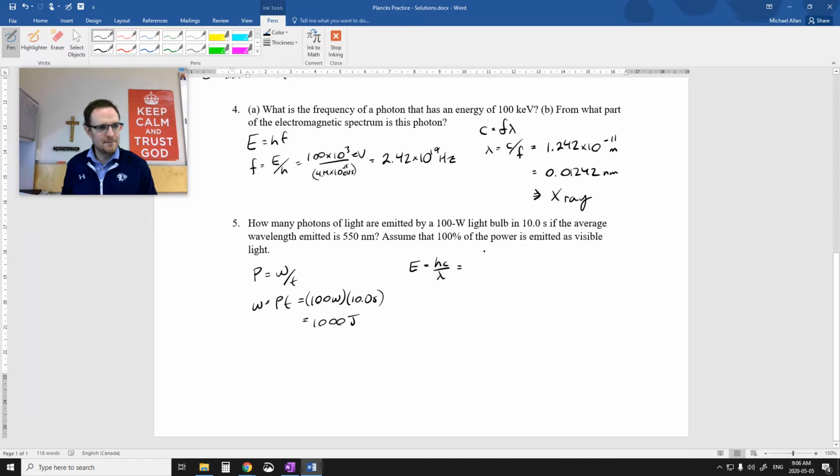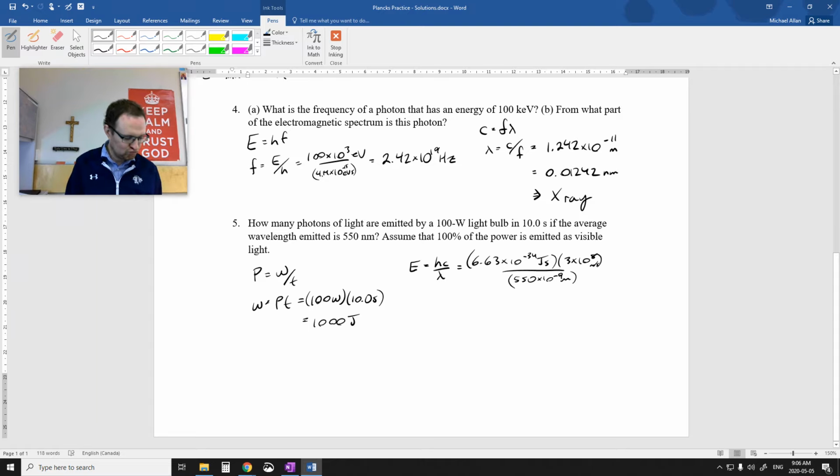So I'm actually going to write that in there. 6.63 times 10 to the negative 34 joule seconds times the speed of light divided by the wavelength, 550 times 10 to the negative 9 meters. Cool. Okay, so the energy of this photon is 3.616 times 10 to the negative 19 joules.